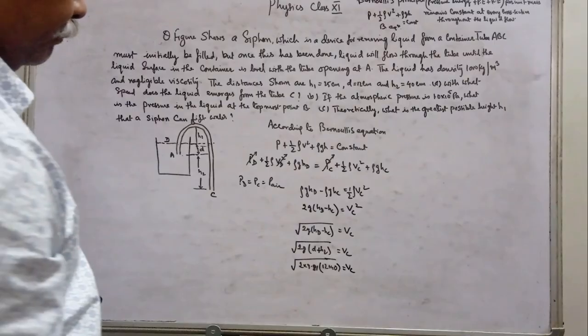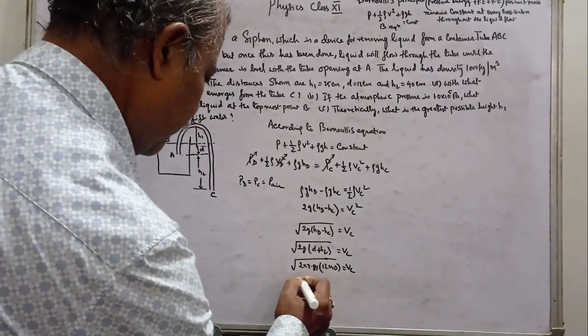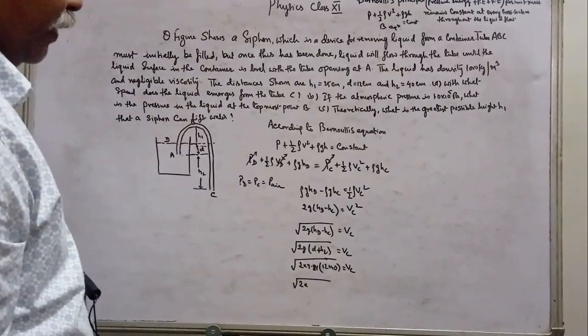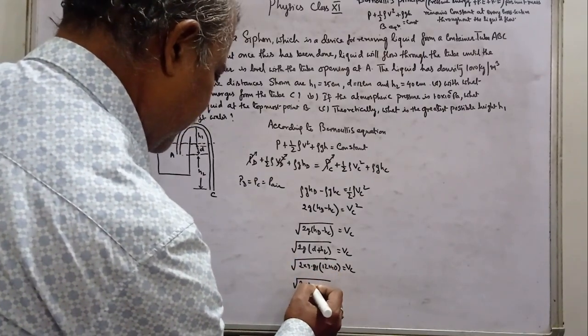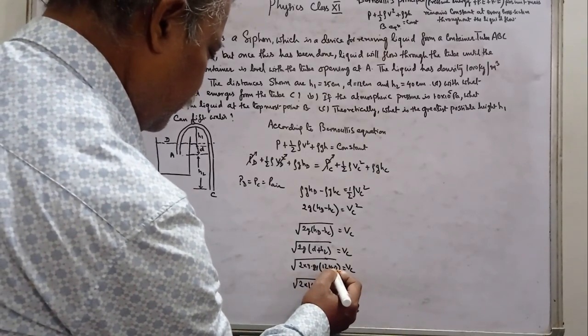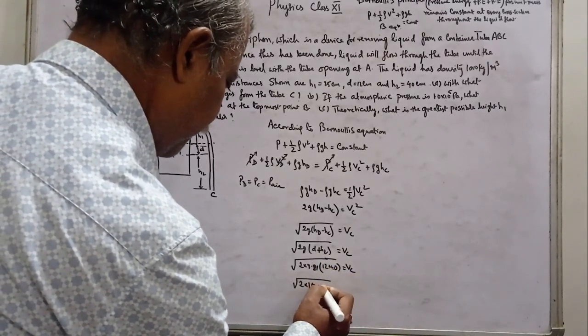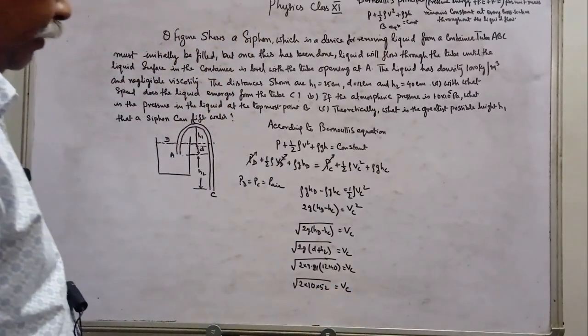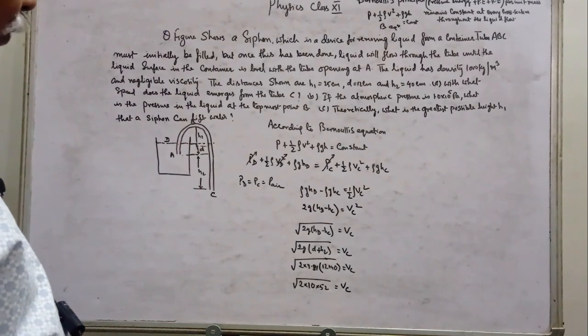Now how much will this come up to? Let us, for our convenience, take 10 instead of 9.8. So this will be root over 2 into 10 into 52, equal to Vc. This will be your Vc.